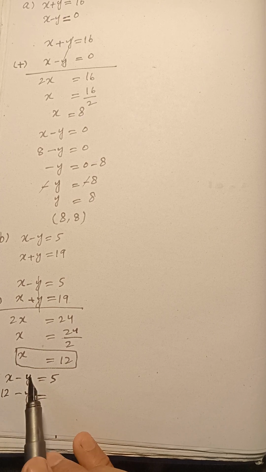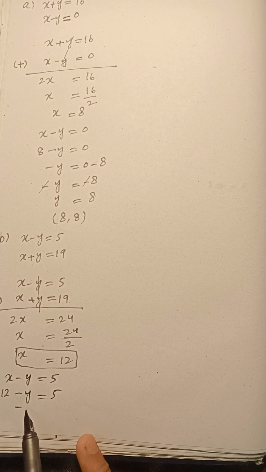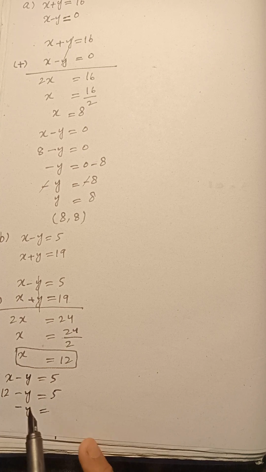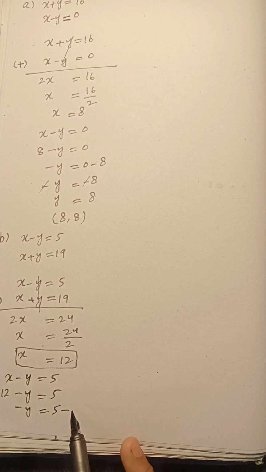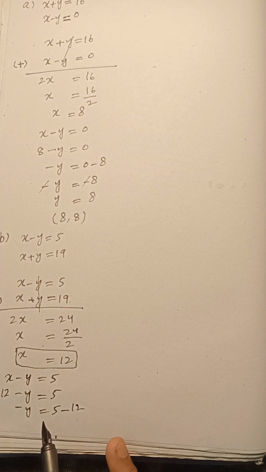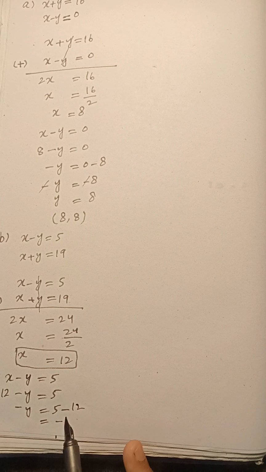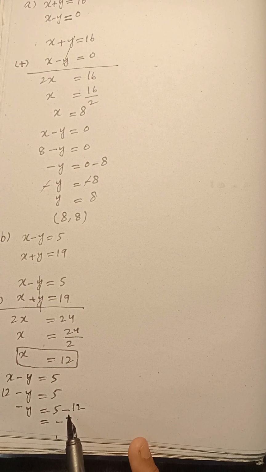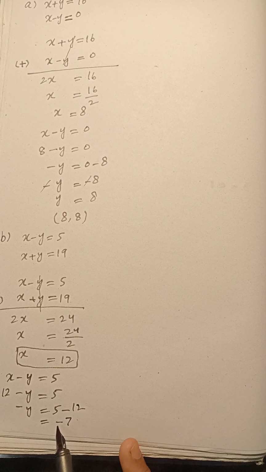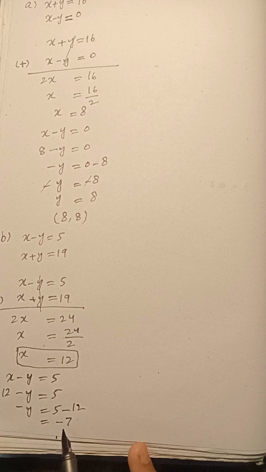I have written 12 here due to this value of x. And now minus y will remain on this side and 12 will go to the other side, it will become minus 12, and after subtraction there will be only 7 on the other side, and because minus 12 is the greater term, we will write a minus sign here, and due to opposite signs I subtracted these.